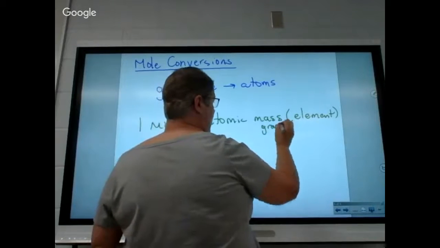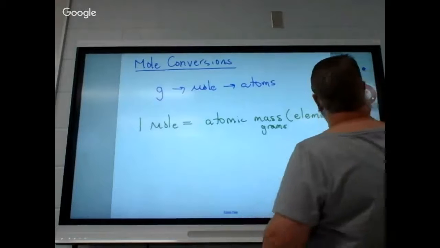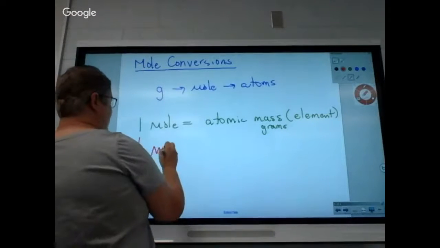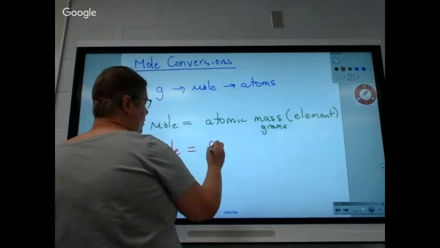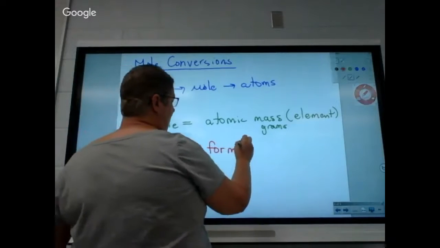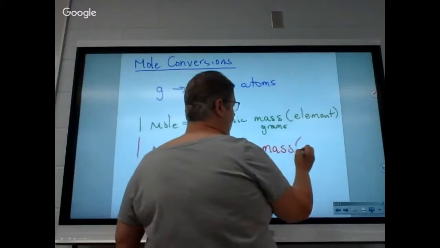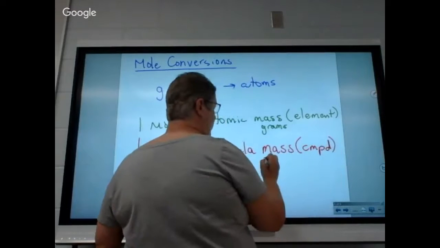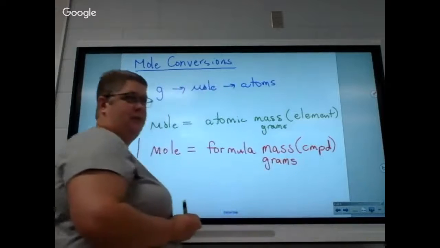Now, today, we're just going to expand that a little bit, and we're going to add that 1 mole is equal to the formula mass of a compound, which is still going to be in grams.